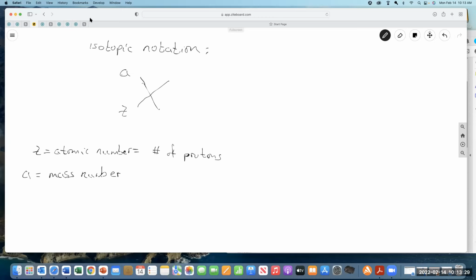Now, if you go back to, well, I erased it. But if I was talking about the mass of an element, what subatomic particles would I be talking about? Protons, neutrons, electrons, right?